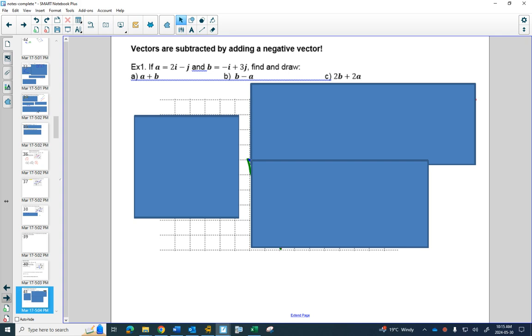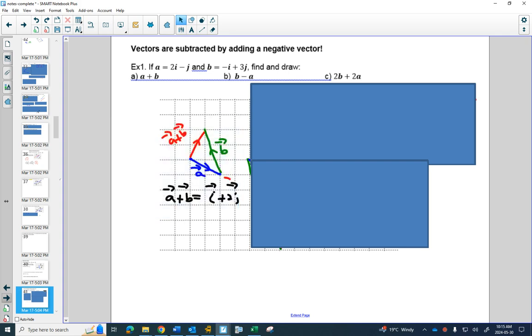Now we could draw all of these out. Here's A plus B, drawn out. And if we draw out A, and we draw out B, happening head to tail, and then we start at A and go to B, and count it out, you're going to go 1 to the right and 2 up. But you're going to find that you're not going to want to draw things out.